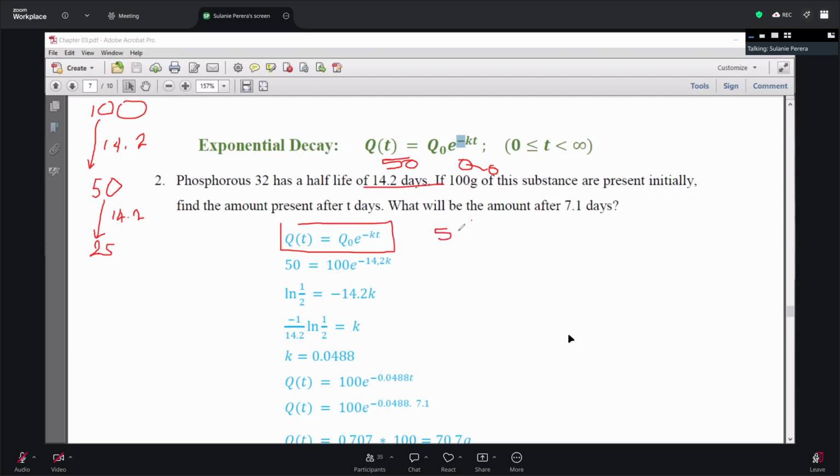So 50 equals initial 100 e to the minus k and t is 14.2. Okay. So we can divide it. So this will be 5 divided by 10, which is 0.5. 0.5 equals e to the power minus 14.2k.